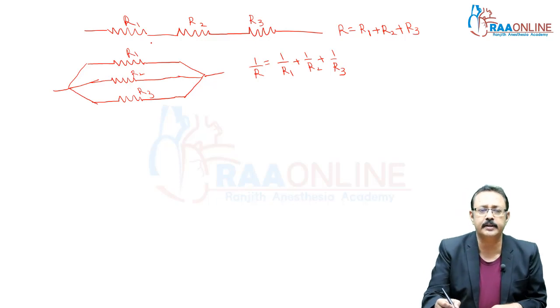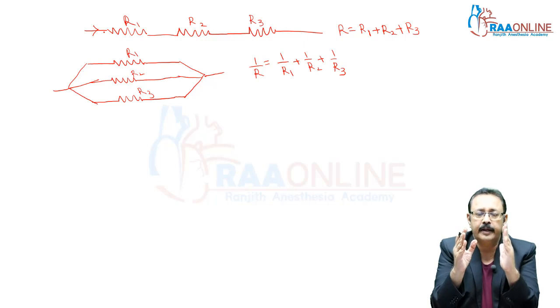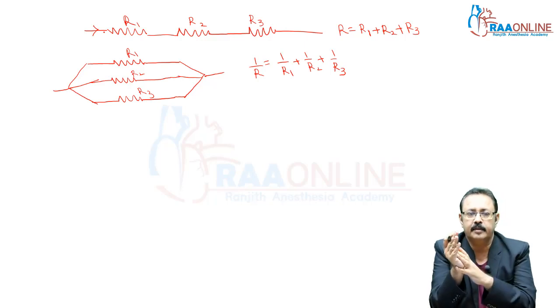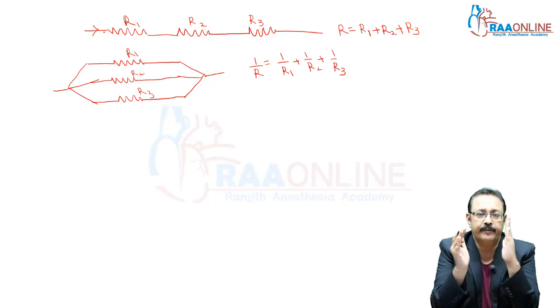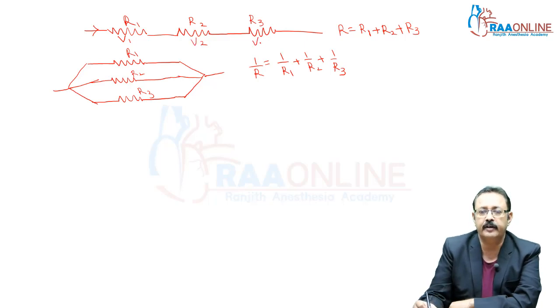What is constant in series combination? The total current. It will pass through each resistance. Means total current in a series combination is equal to the current through each resistance, but the potential difference will be divided in 3 parts. Means V will equal V1 plus V2 plus V3.